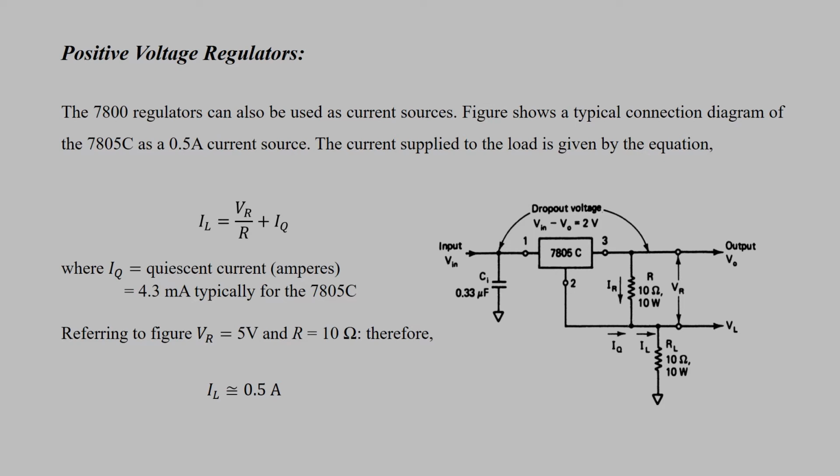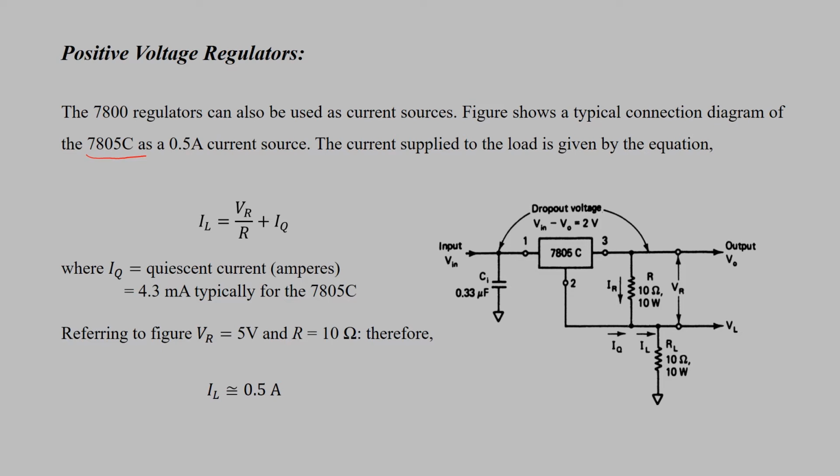So 7800 regulators can be used as current sources. Here is a typical diagram of the 7805 as a 0.5 ampere current source.